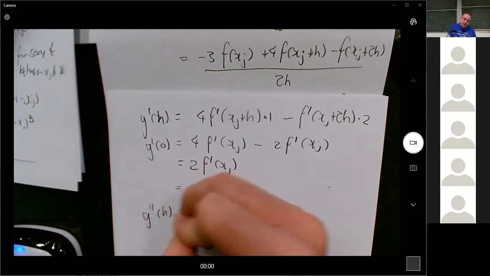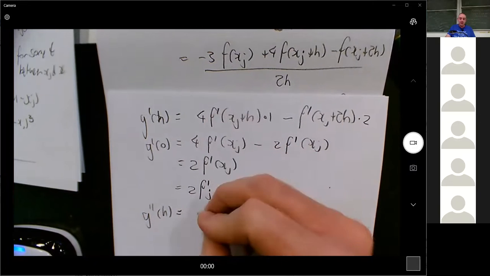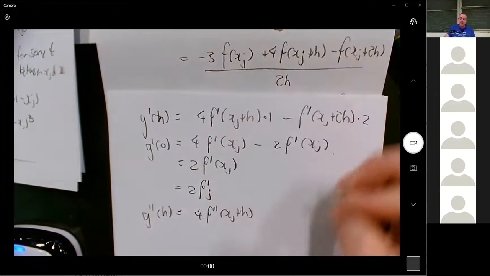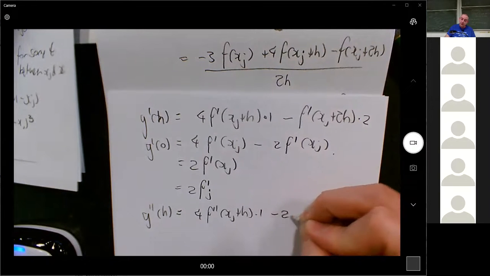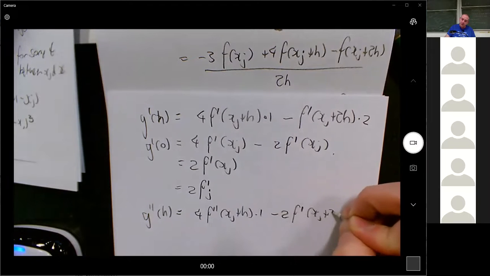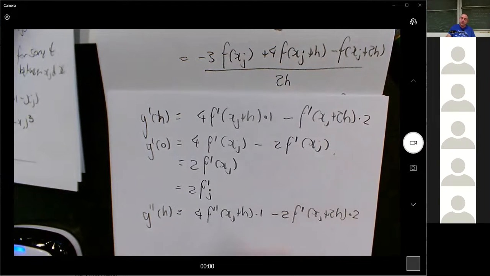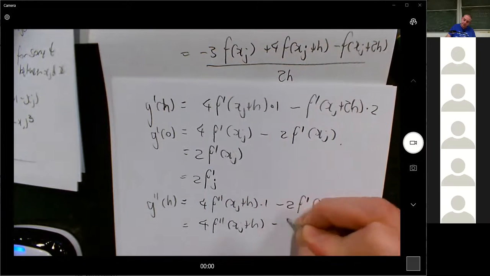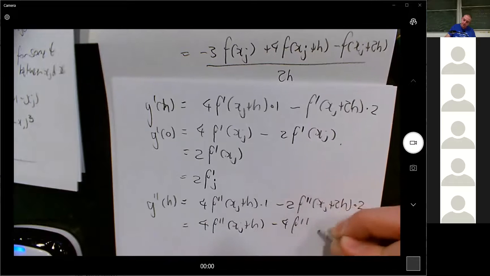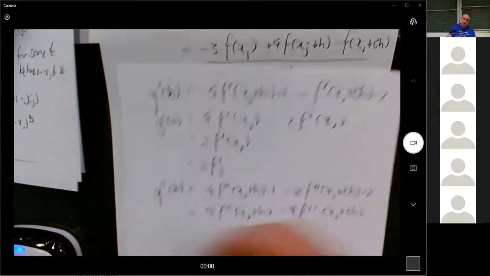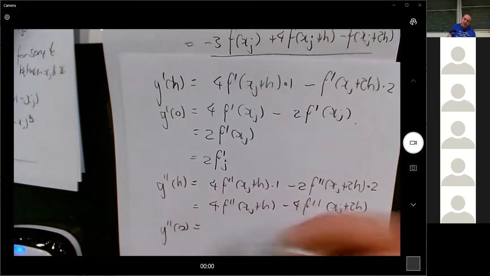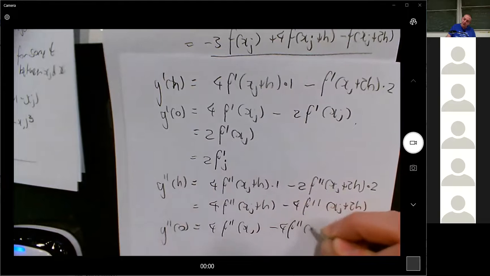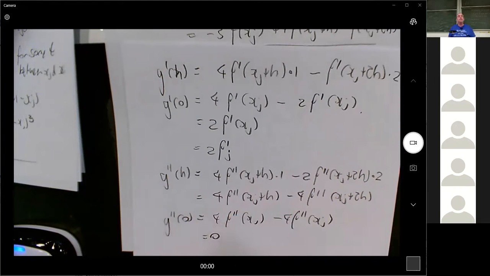g double dashed of h would be the derivative of this with respect to h. So I've got 4f double dashed of xj plus h times the derivative of the inside, which is 1, minus 2f dashed of xj plus 2h times the derivative of the inside, which is 2. And so g double dashed of 0 is 4f double dashed of xj minus 4f double dashed of xj, which is 0.